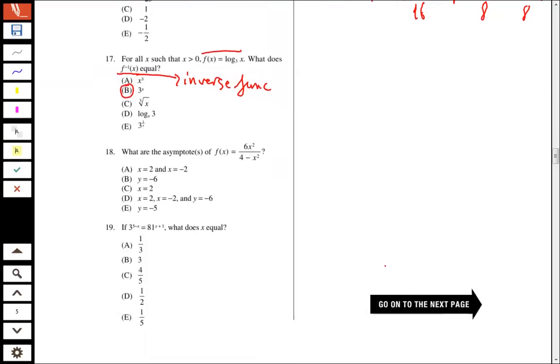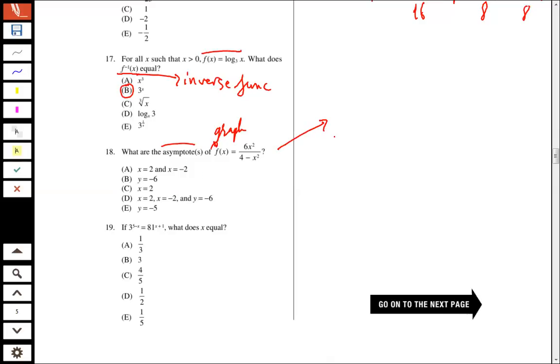Question number 18. What are the asymptotes? Asymptotes of the graph. Exactly, we need to write the graph here.